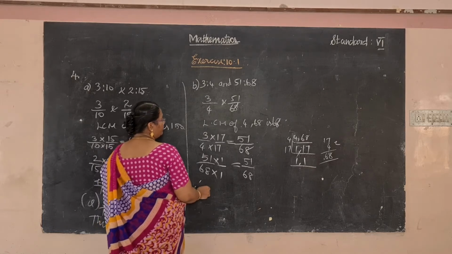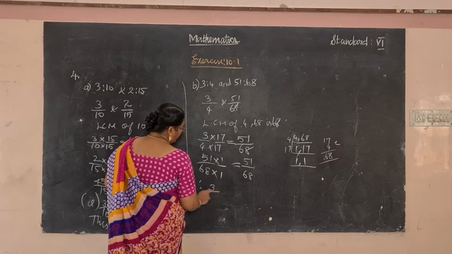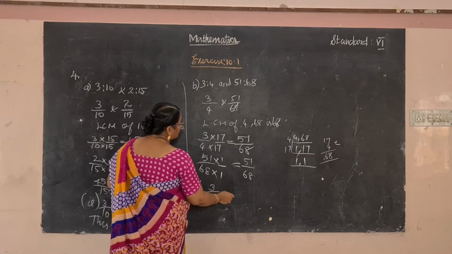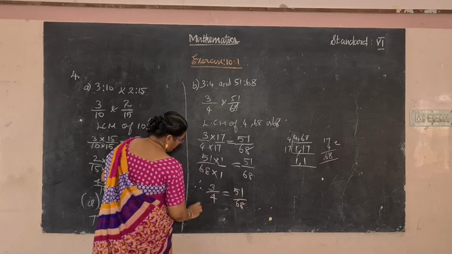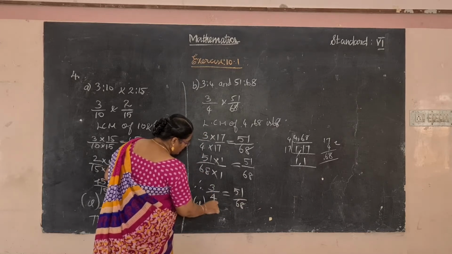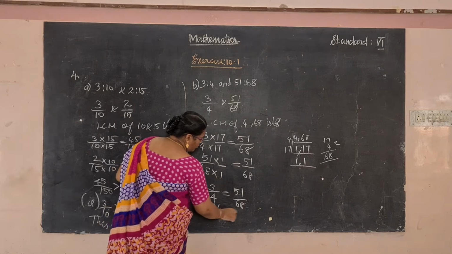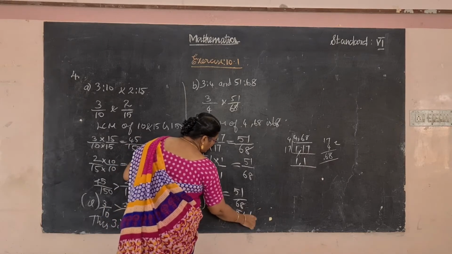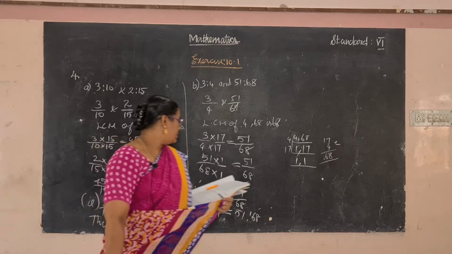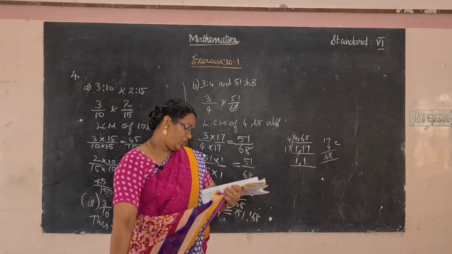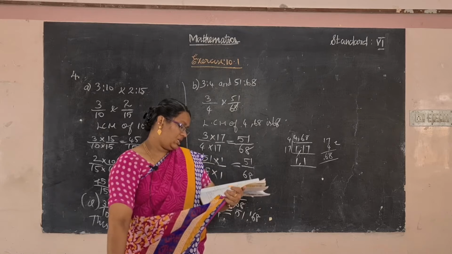Therefore 3 by 4 is equal to 51 by 68, that is, 3 is to 4 is equivalent to 51 is to 68. Okay, right.